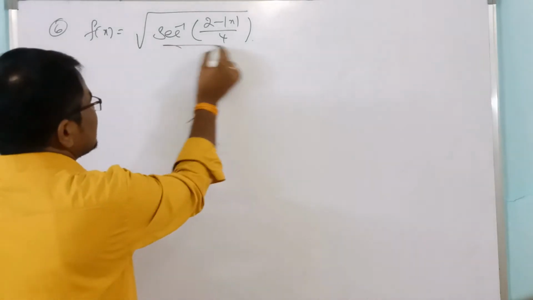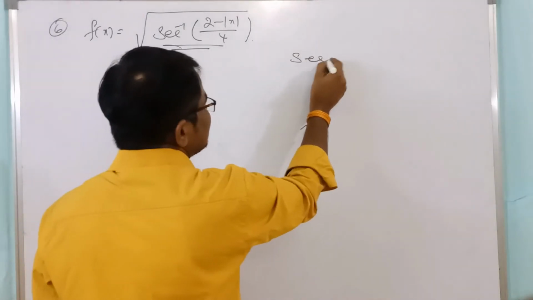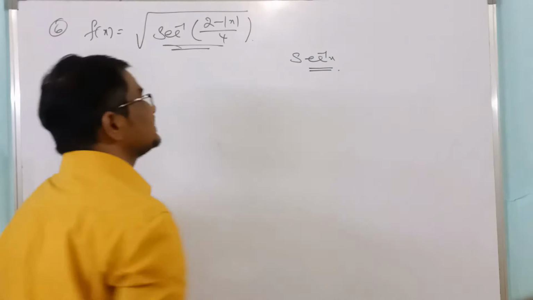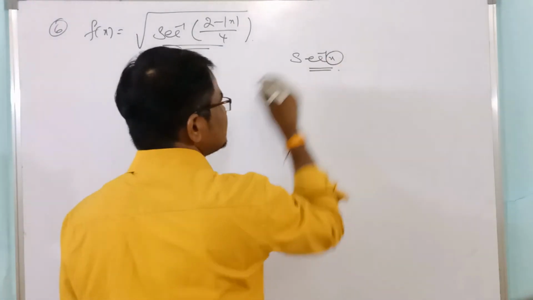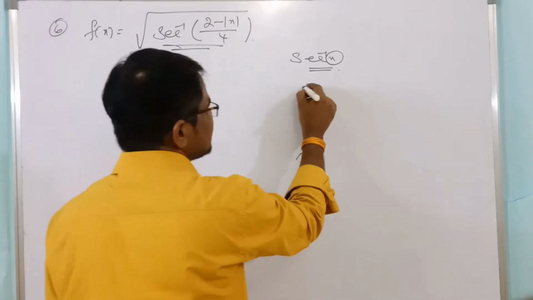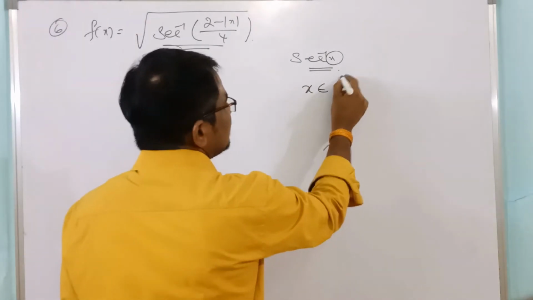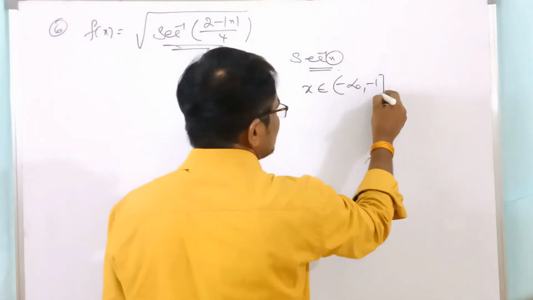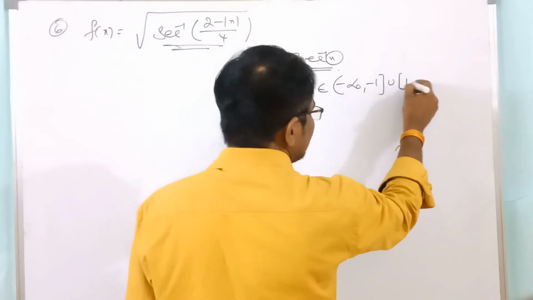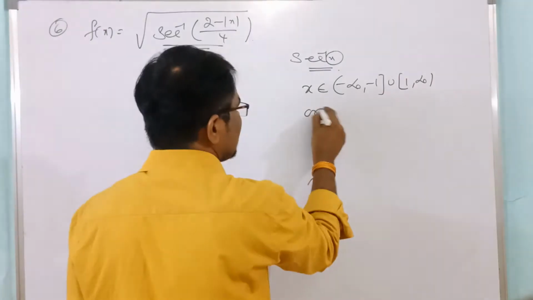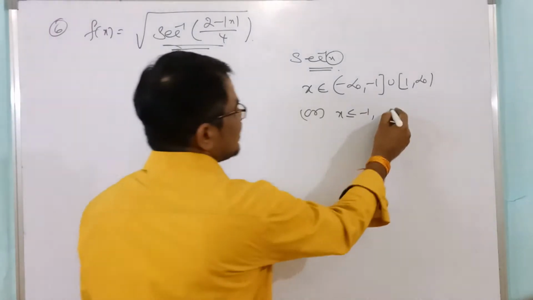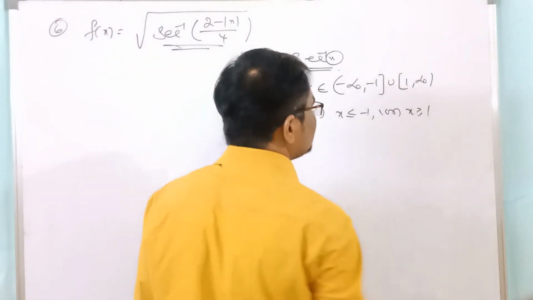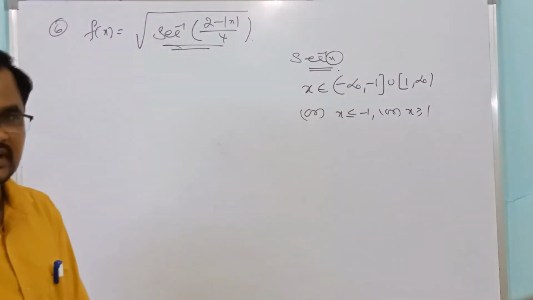Here the function given is secant inverse x, right? Now we know that for the function secant inverse x, x belongs to the interval minus infinity to minus 1 union 1 to infinity, or x less than or equal to minus 1, x greater than or equal to plus 1, right?